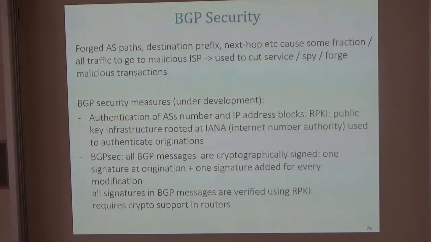Of course, this is recursive. The route I have received has been constructed in this way. That means it contains a number of AS paths. Every AS that has been added has been signed. So it's like an onion. I have to sign and verify everything recursively. That's the principle of BGP-SEC. If you do this, that will not guarantee that there's no fraud, but that will guarantee that any fraud has been done by somebody who signed it.